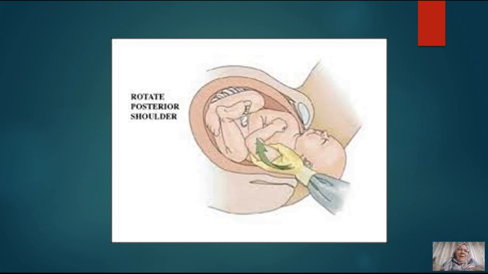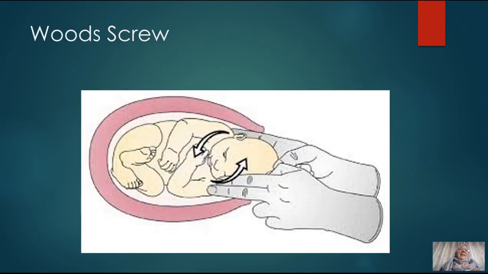So you have to adduct the shoulders and make a little bit of space. This can also be achieved just by rotating the posterior shoulder. So with adducting and rotating the posterior shoulder, you might also be able to dislodge the anterior shoulder. And this is what I was talking about before, the wood screw maneuver, when you push onto the anterior shoulder from the back and onto the posterior shoulder from the front.